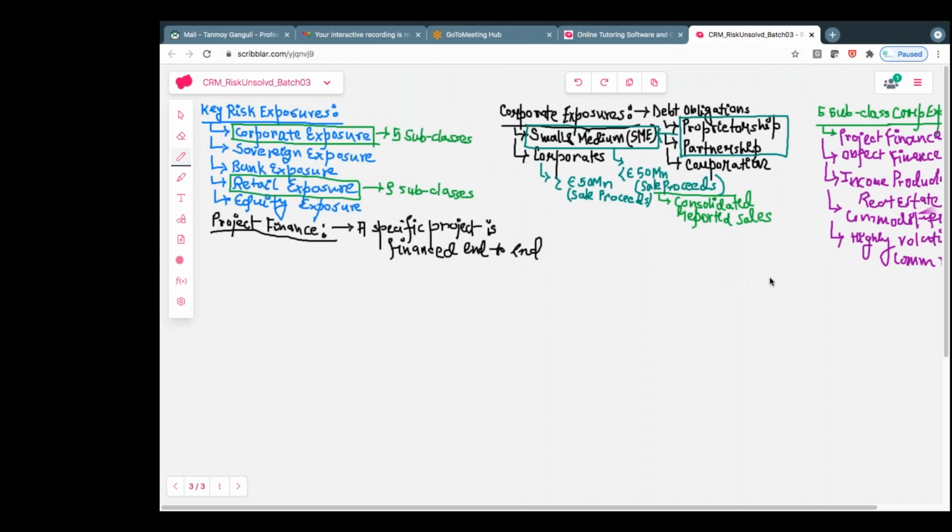Okay, so good evening, everyone, and welcome back to a fresh new session of credit risk modeling. We were talking about the capital models, and while talking about the capital frameworks, we started off talking about the Basel frameworks.